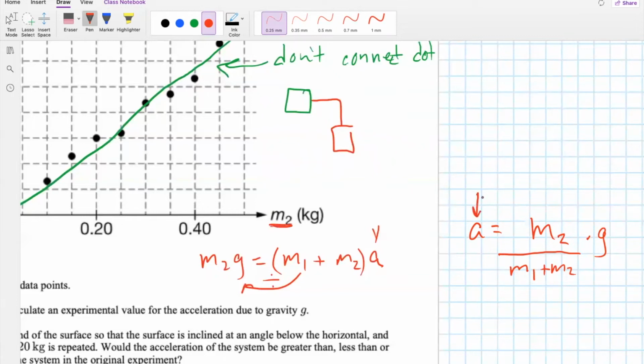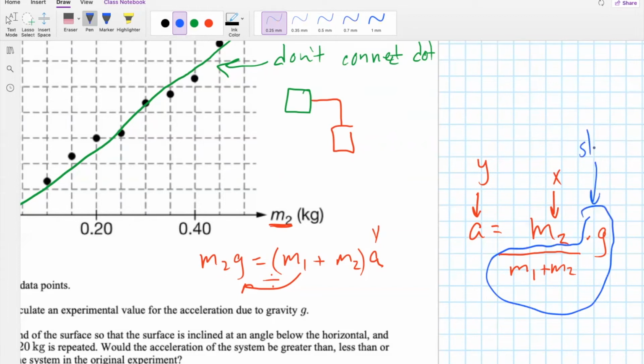So this is behaving like Y. This is behaving like X. So it turns out the rest of this is going to represent the slope. And so it looks to me like the slope is going to equal G over M1 plus M2.